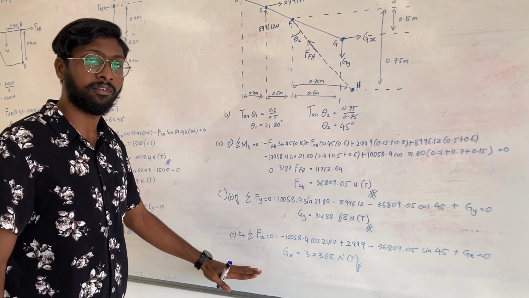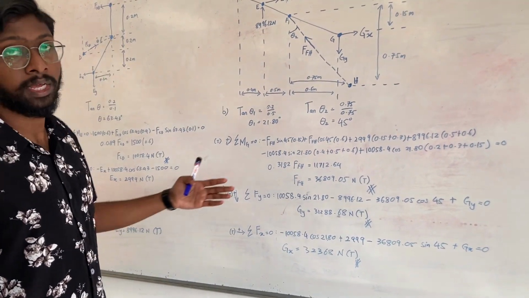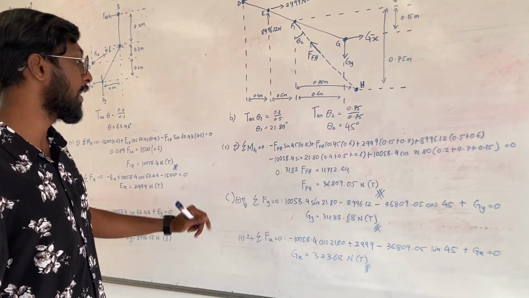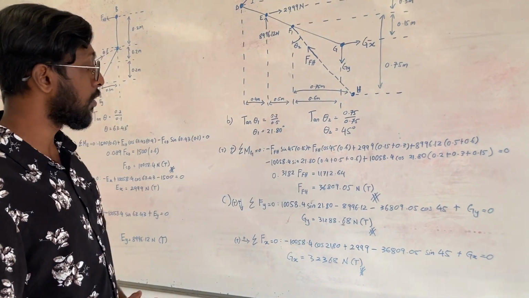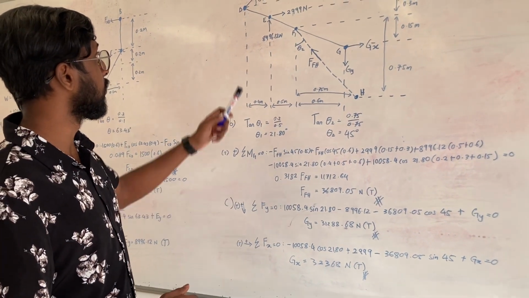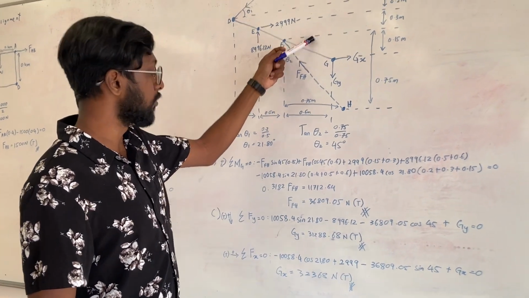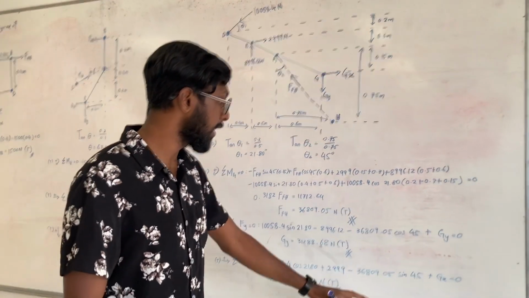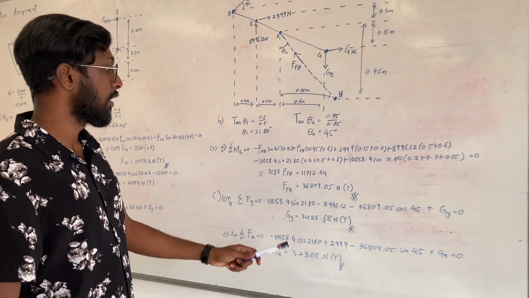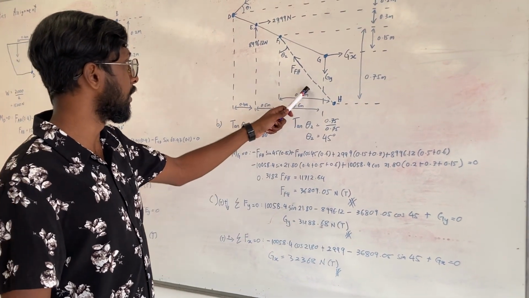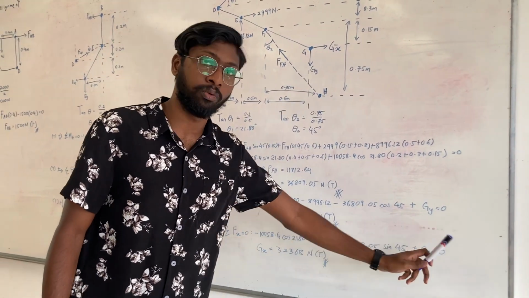And then the third equation of equilibrium, summation of forces on the x-axis equals 0. Assume that going right is positive and forces are in tensile. Negative 10,058.4 cos 21.8 degrees as it is going to the left, plus 2999 as it is going to the right, minus 6809.05 sine 45 degrees, it is minus as it is going to the left, and plus Gx is going to the right, equals 0.